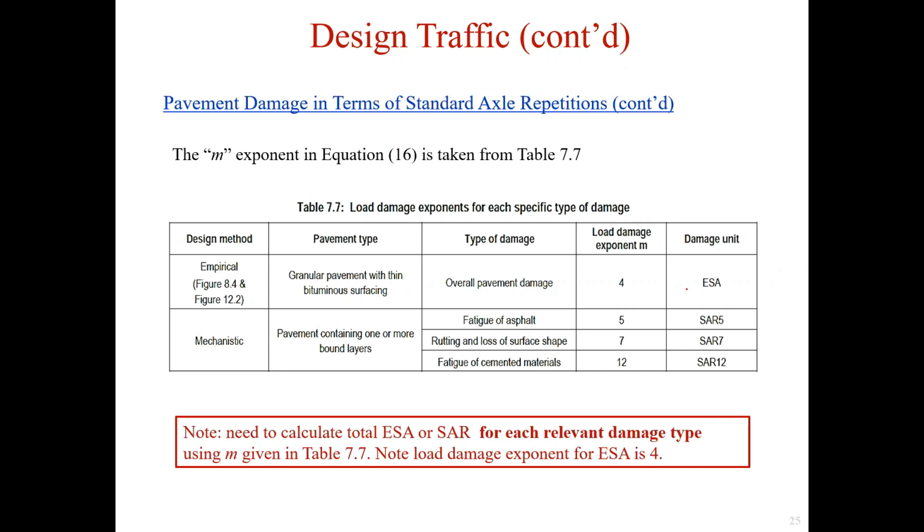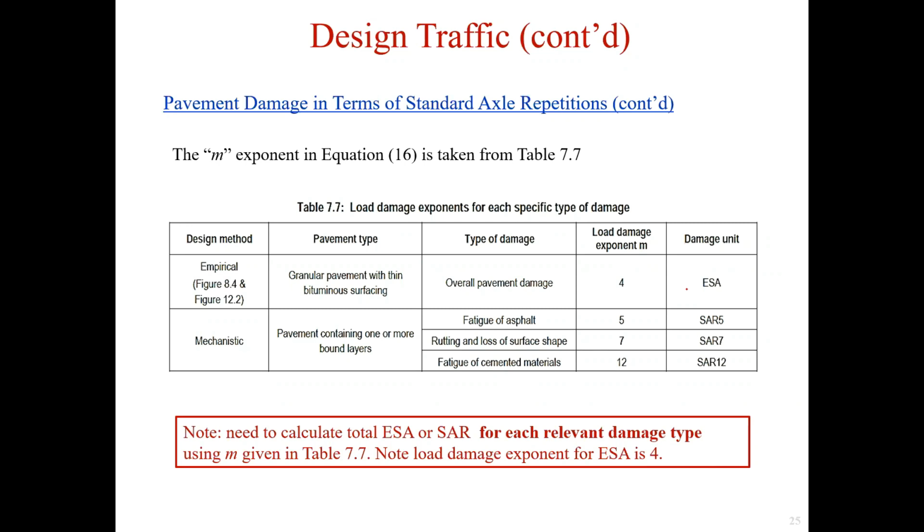Within the mechanistic design of pavement with one or more bound layers, the fatigue damage of asphalt has a damage exponent of 5 and damage unit of SAR5, while rutting and loss of surface shape has a damage exponent of 7 and damage unit of SAR7.